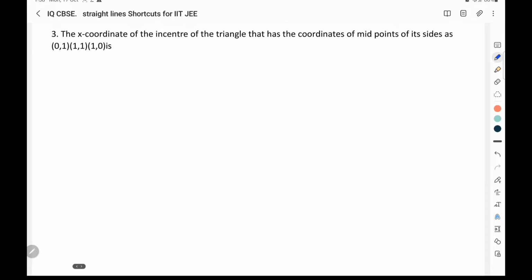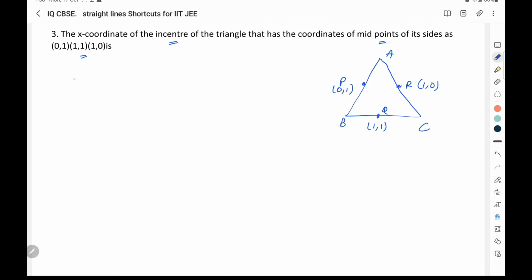Here the next question is, we have to find the x coordinate of the incenter, and the midpoints of the sides are given, just like the before problem. So here a triangle ABC is given, and one point P, that is (0, 1), is given. Another is Q, that is (1, 1), and another is R, that is (1, 0).